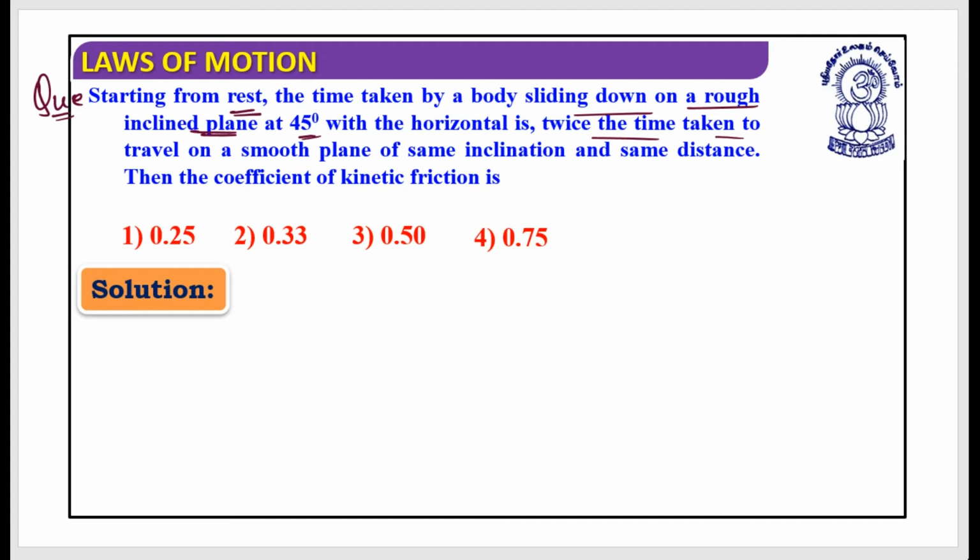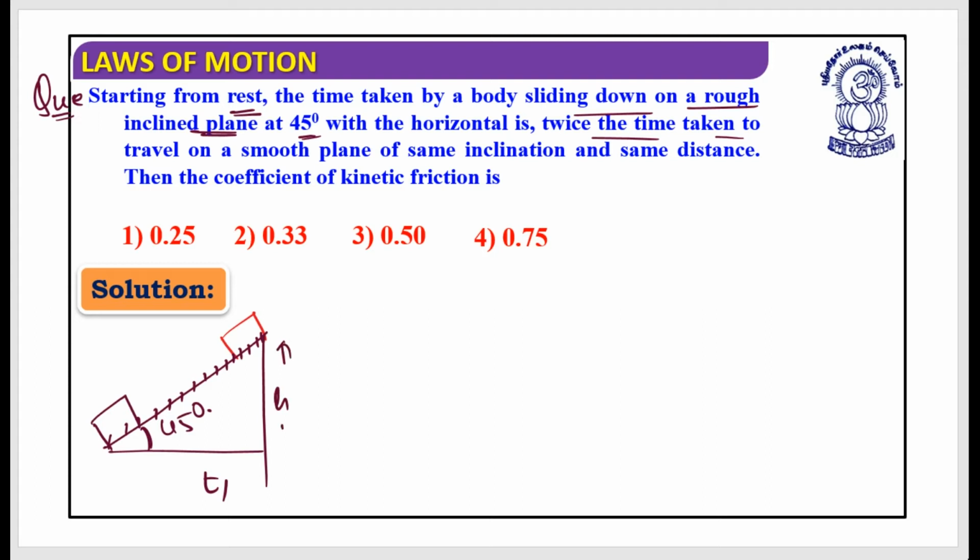Then the coefficient of kinetic friction will be? So the situation is, one plank is smooth and this angle is 45 degrees. This is the block, but this plank has friction, and it is going to travel from top to bottom, and let's say it takes a time t1.